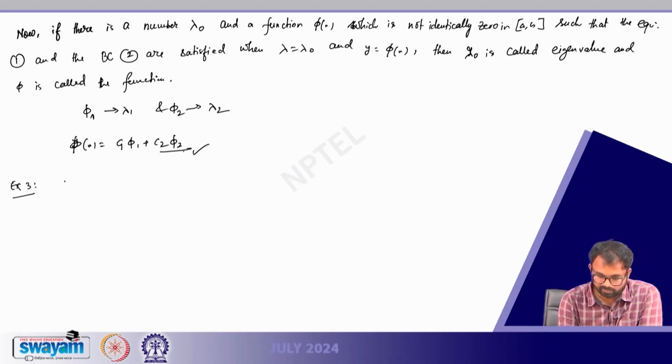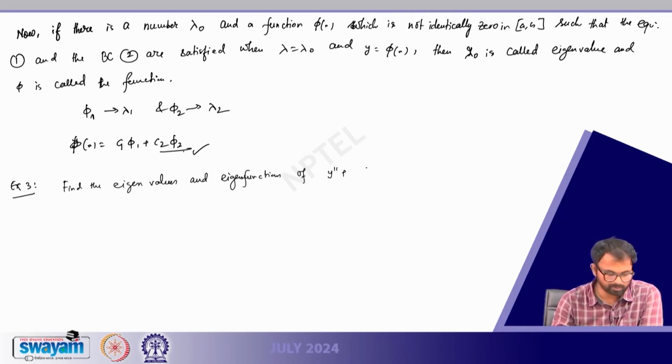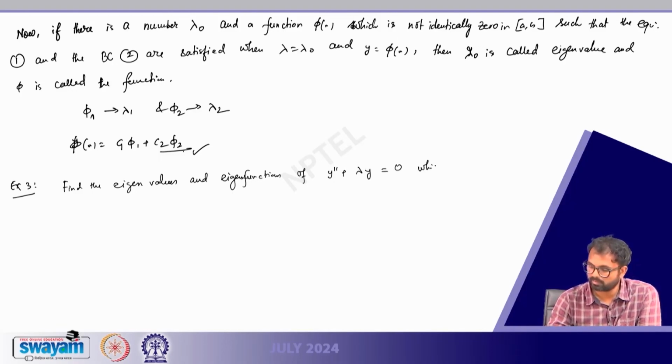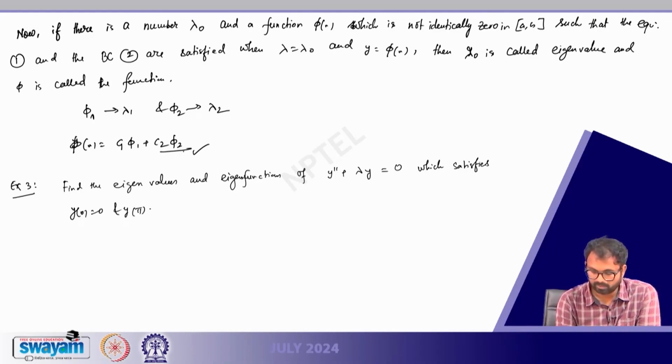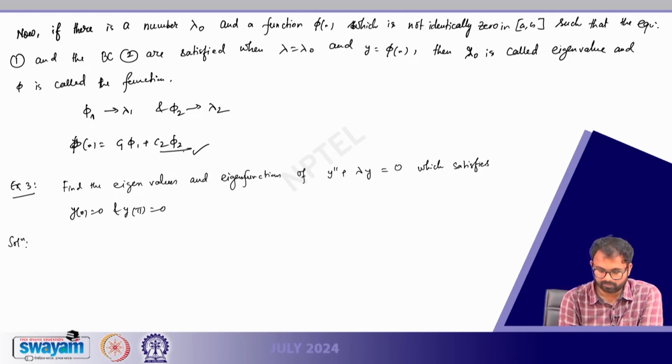Find the eigenvalues and eigenfunctions of y double dash plus lambda y equals 0, which satisfies y at 0 equals 0 and y at pi equals 0, right.